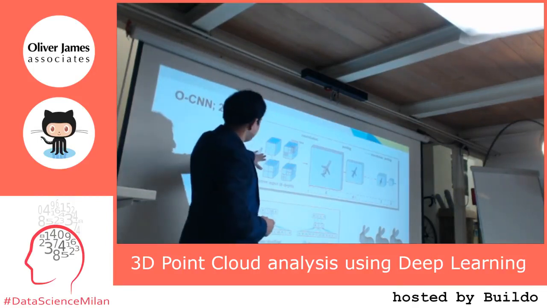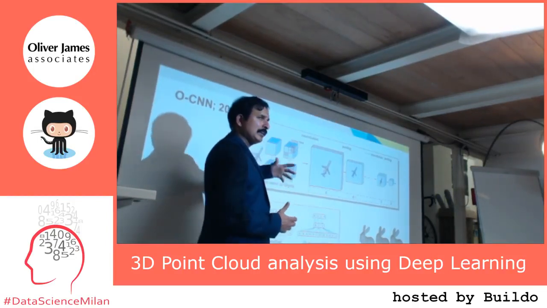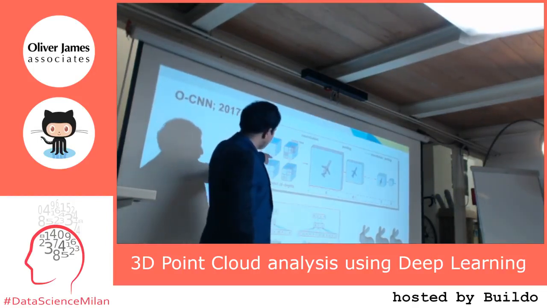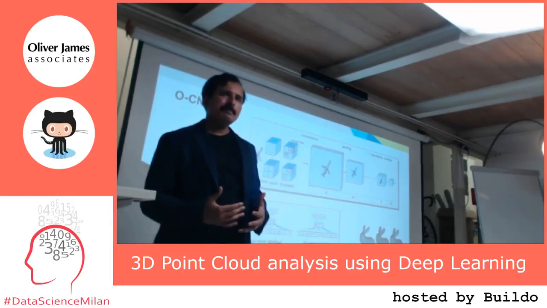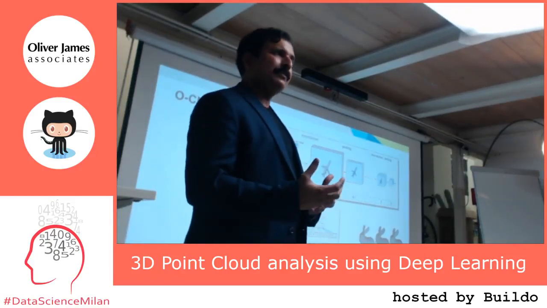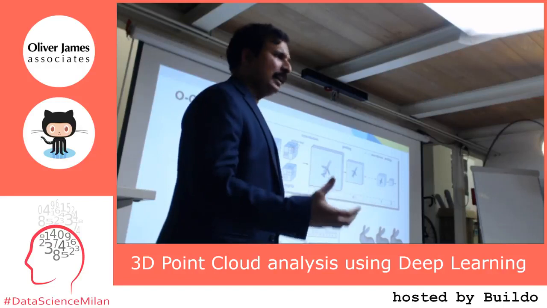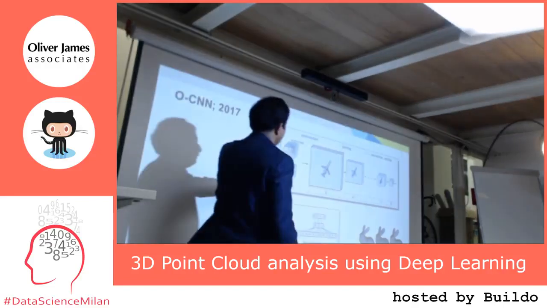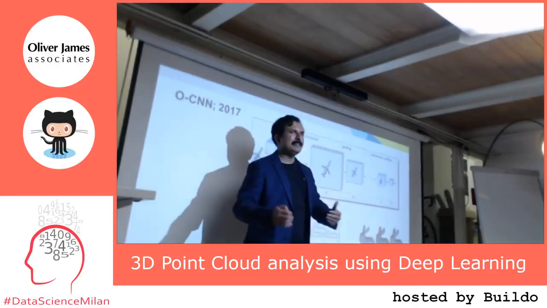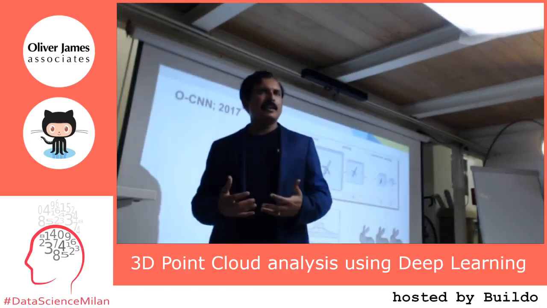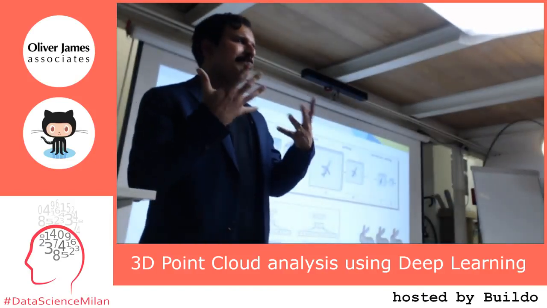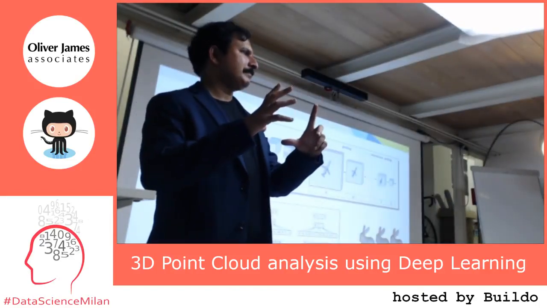For example, if this is the image you want to do a classification of, you start breaking it down into 8 pieces, and keep on doing it until you feel you have enough local level feature information, and then convert each of that OctNet into a single feature space.